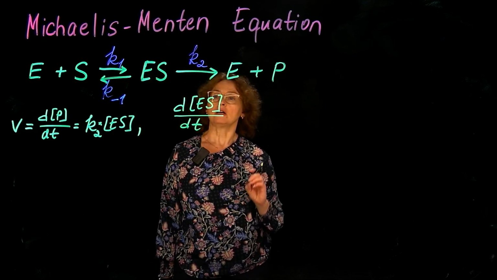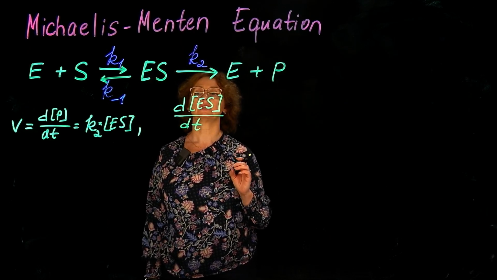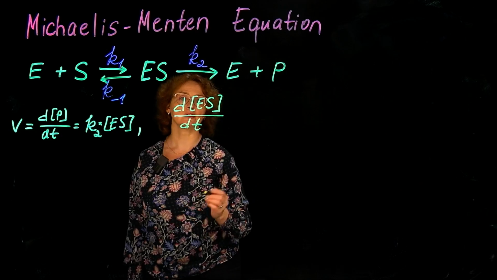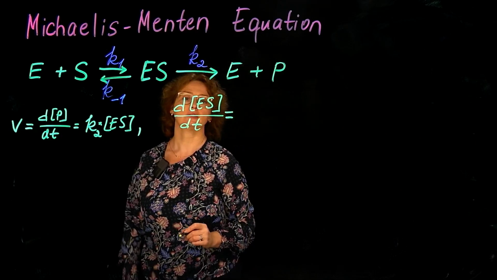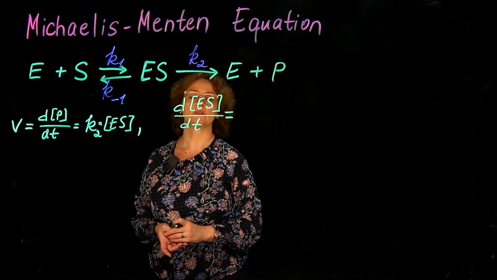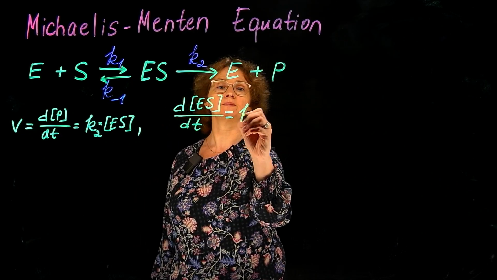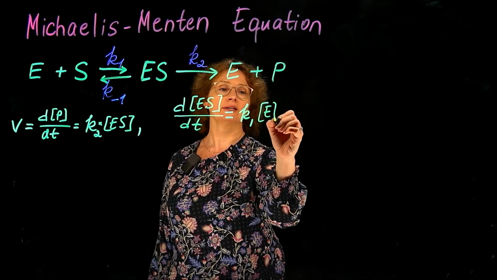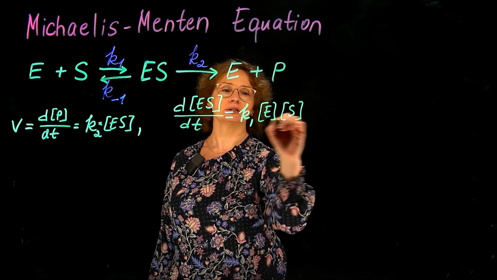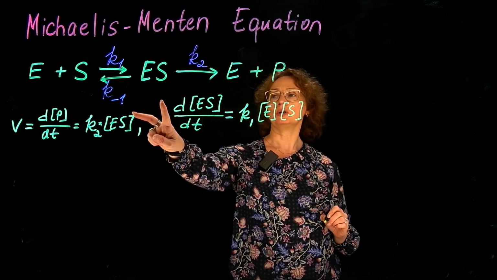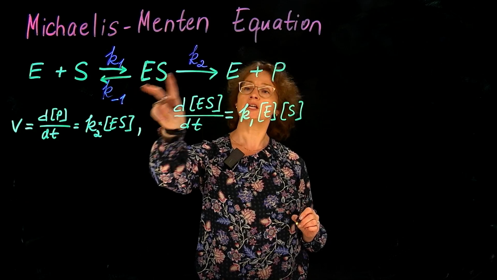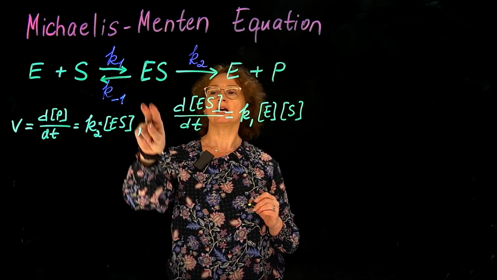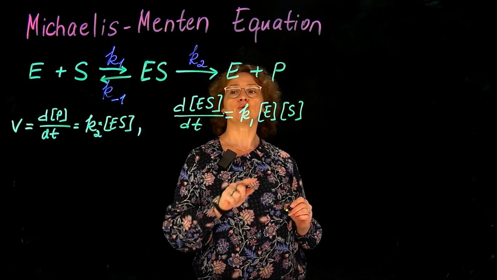Because this complex is formed via that second order reaction, the first term in this equation would be positive, K1 by enzyme and by substrate concentration. Now the second and third terms will be decomposition of enzyme substrate complex via first order reactions.